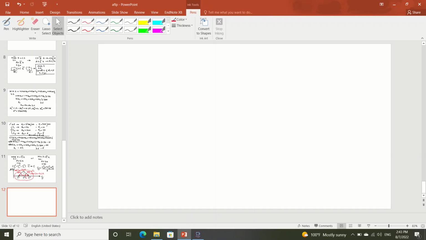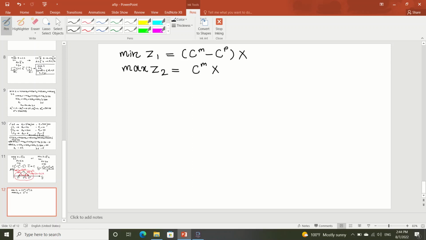You apply these objective functions separately. Maximize z1 equals C moderate minus C pessimist, multiplied by the decision variables. Maximize z2 equals C moderate, multiplied by the decision variables.